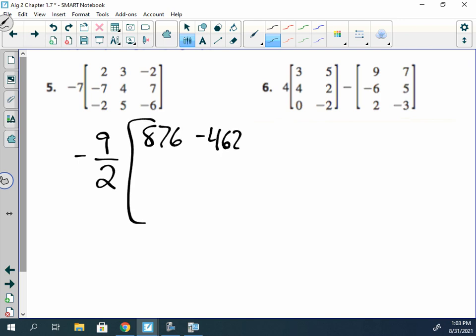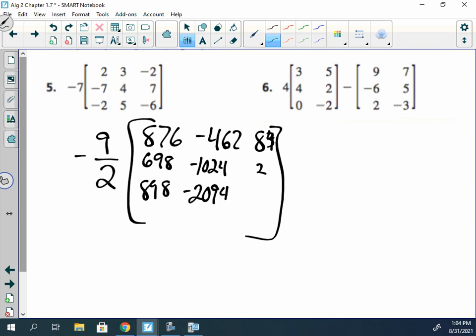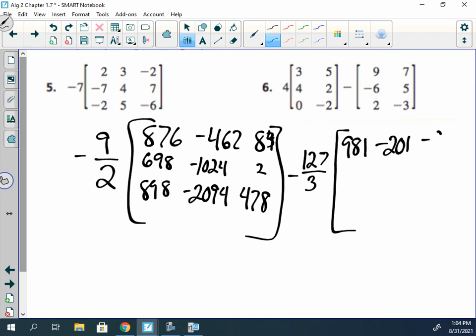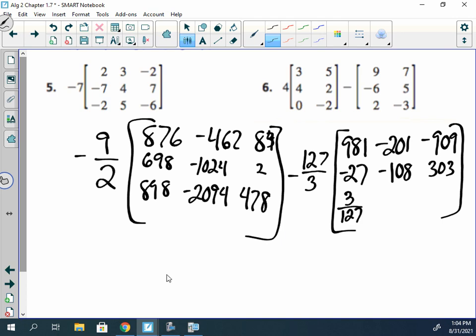Negative 462, 84, 698, negative 1024, 2, 898, minus 60 over 3, 9, 8, 1, negative 2, 1, negative 9, 0, 9, negative 2, 7, negative 1, 0, 8, 3, 0, 3. Let's say 3 over 127, 0, negative 4.